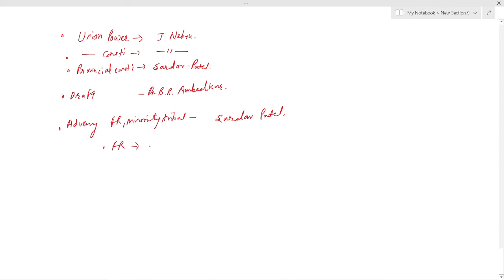The Subcommittee on Fundamental Rights was chaired by J.B. Kripalani. Minorities was chaired by H.C. Mukherjee. The North-East Frontier Tribal Area and Assam Excluded and Partially Excluded Area committee was chaired by Gopinath Bardoloi.